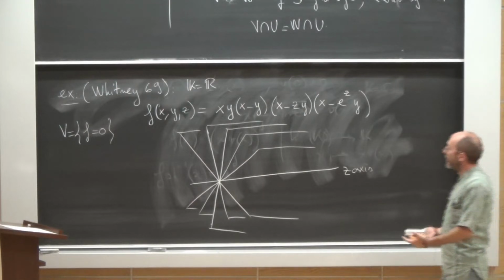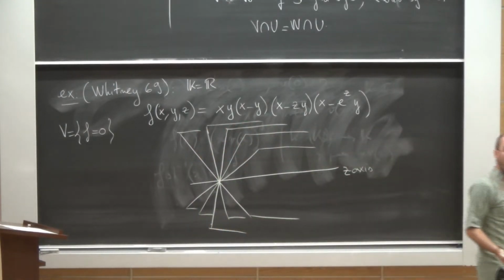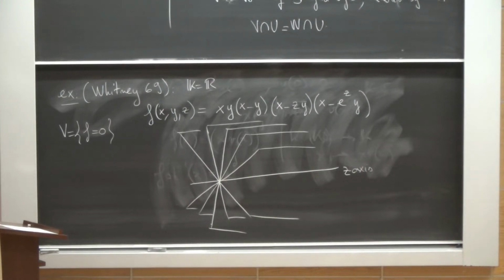So I will suppose that I can transform V into an algebraic set by some bianalytic map, a biholomorphism in the complex case.